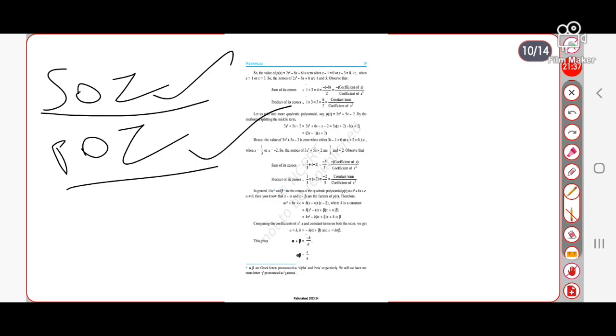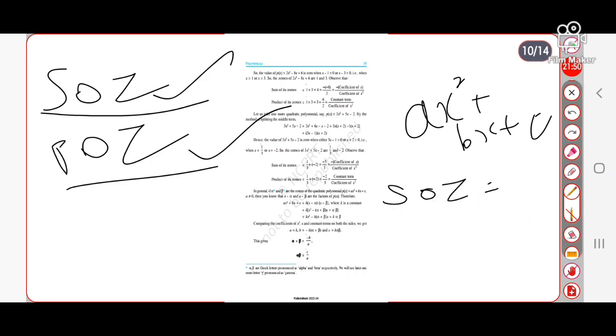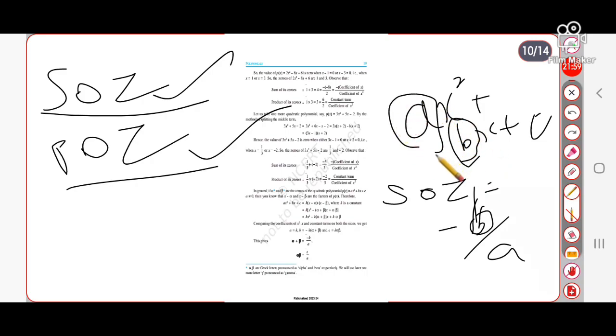Generally a polynomial is represented as ax square plus bx plus c. For the sum of zeros, there is a formula, which is minus b by a. B is this one, a is this one, and the minus is present in the formula itself. So minus b by a is the sum of zeros of this polynomial ax square plus bx plus c, whatever the polynomial may be.